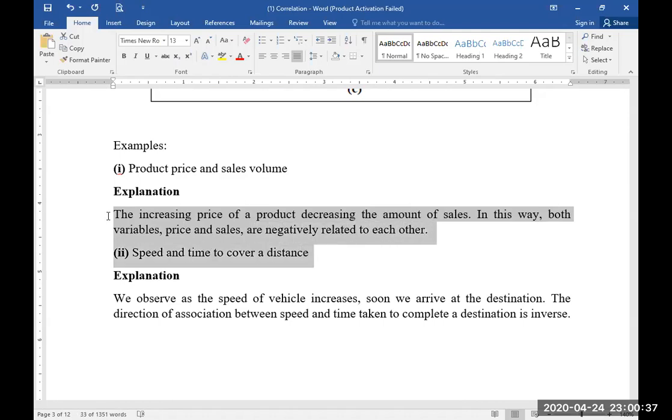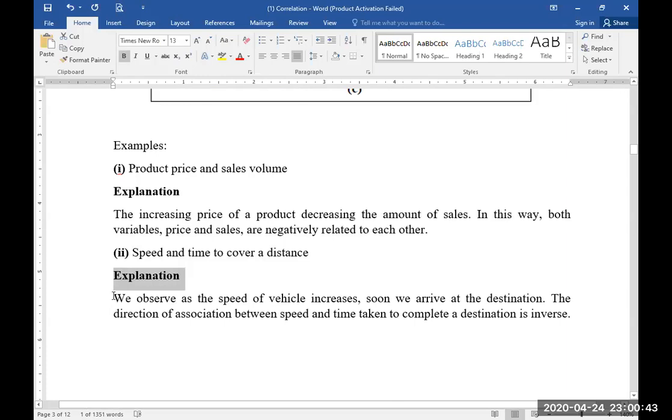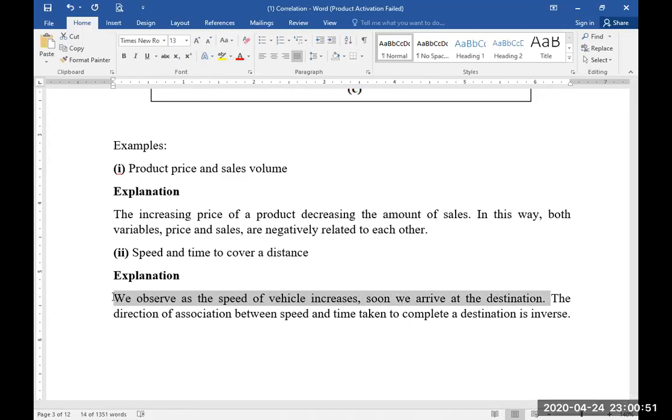Example number two, speed and time to cover a distance. Explanation: we observe that as the speed of a vehicle increases, we arrive sooner at the destination. The direction of association between speed and time taken to complete a distance is inverse.